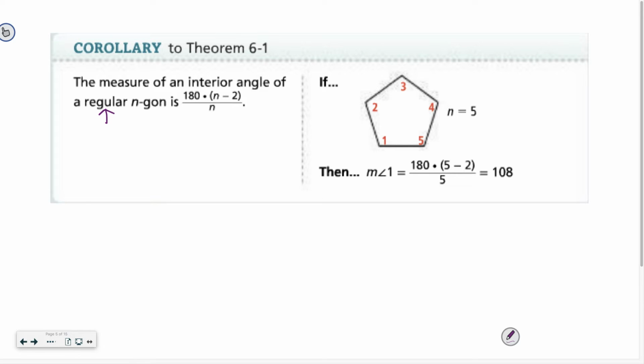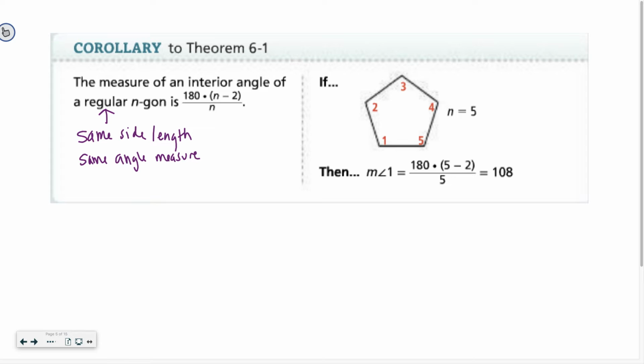So remember, regular means same side length and same angle measure. This corollary only works with regular polygons, okay?